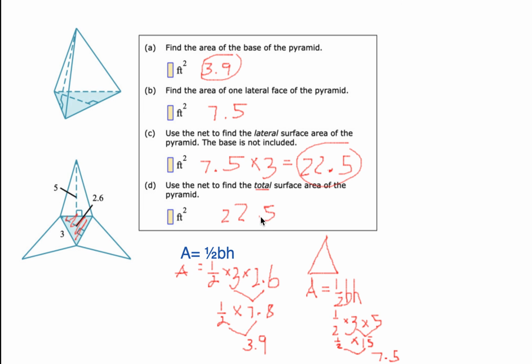I would punch this in the calculator, obviously. I'm just showing you how it's done horizontally because we don't need to line it up. So we have a calculator. And you end up with 26.4 as your final answer. 26.4 square feet. And that is how you do it.